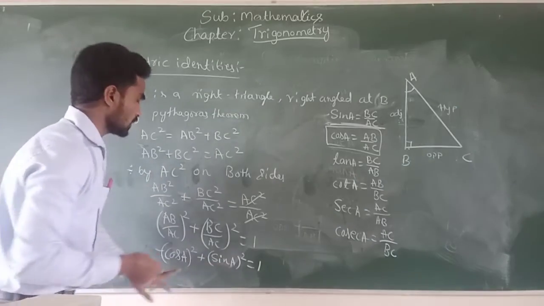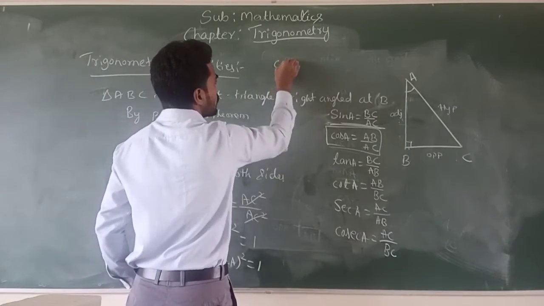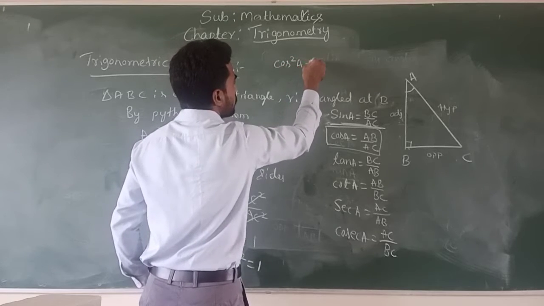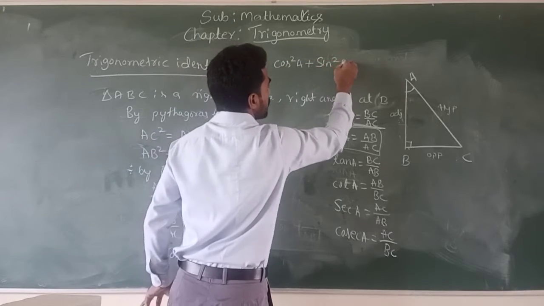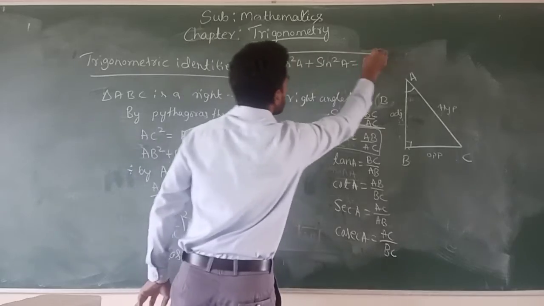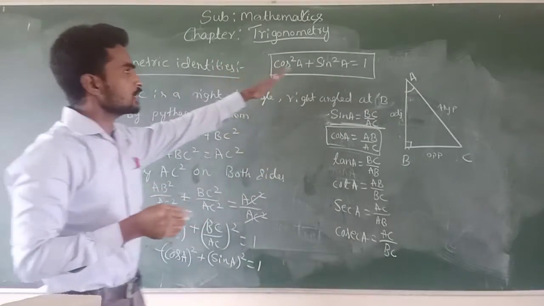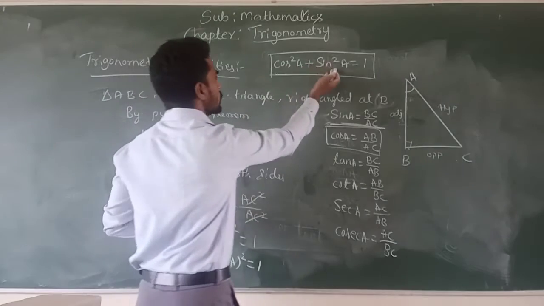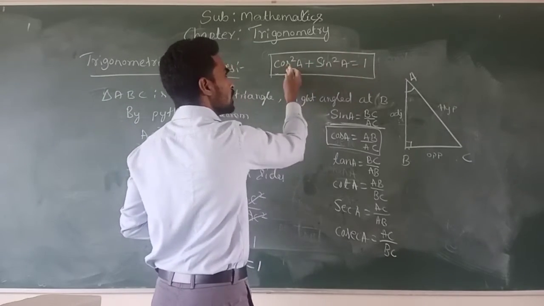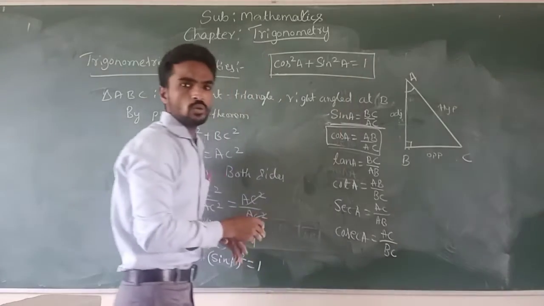Now here square is there, that can be written as cos square A plus sin square A, that is equal to 1. This is one of the standard trigonometric identities. Sin square A plus cos square A is equal to 1, or cos square A plus sin square A is equal to 1.